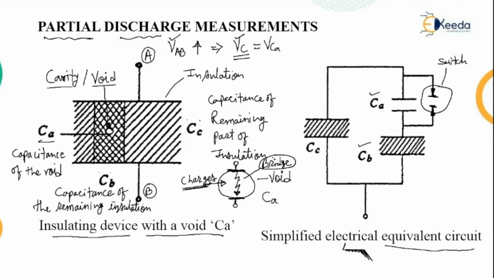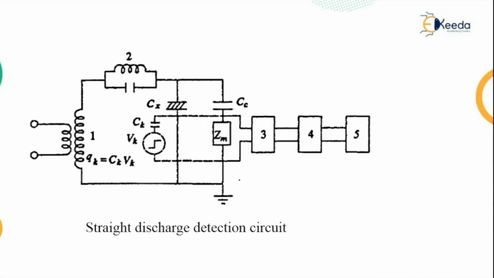Now let us understand the circuit arrangement for detecting the partial discharge. The figure shows a straight discharge detection circuit.